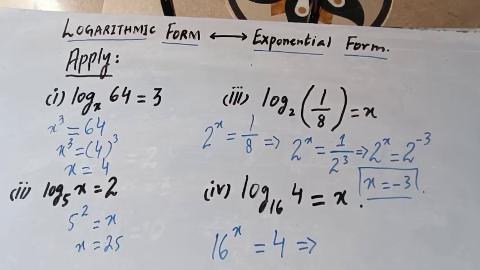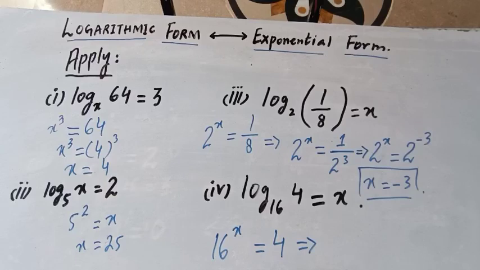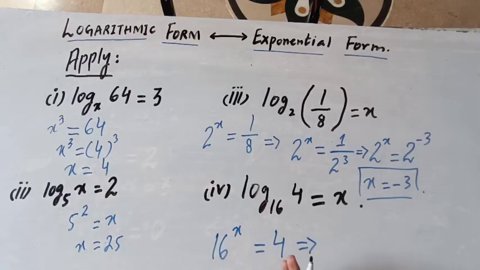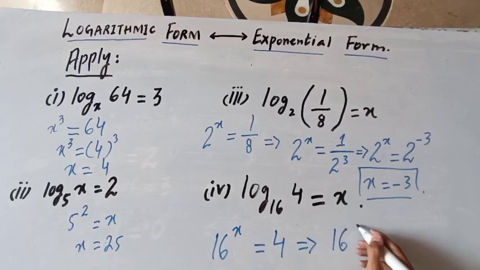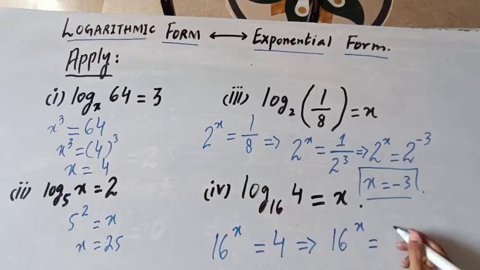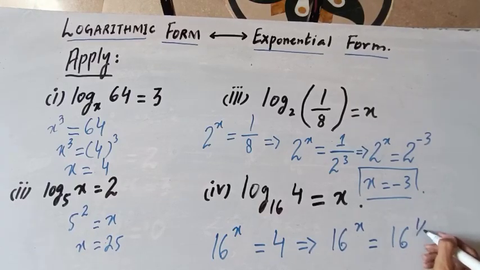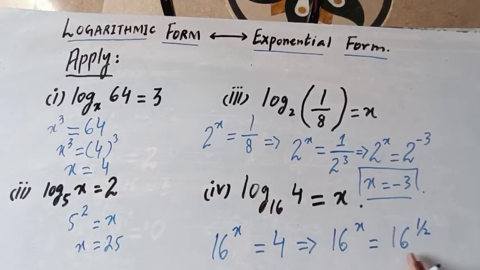So what we can do over here is convert this particular 4 into base 16. As you know that the square of 4 is 16, or the square root of 16 is 4. So we can write it like this: 16 power x is equal to, instead of 4 I can write 16 power 1 upon 2, because the square root of 16 is equal to 4.